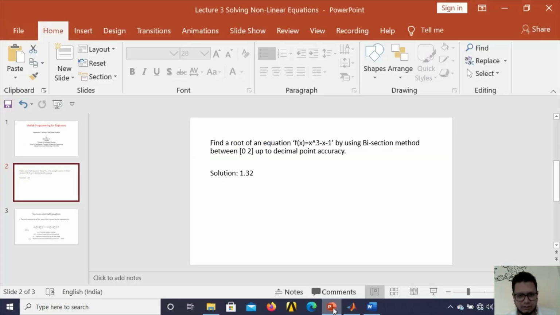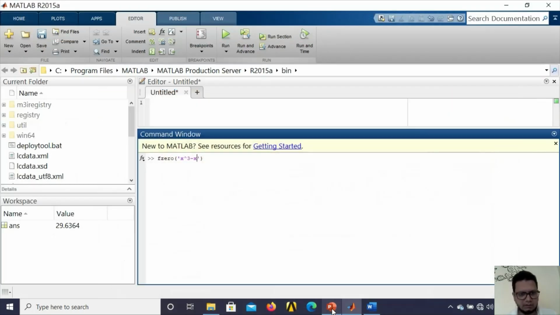What was the function? x cube minus x minus 1. Then single quotes close, comma, lower limit and upper limit, 0 space 2. Now enter.